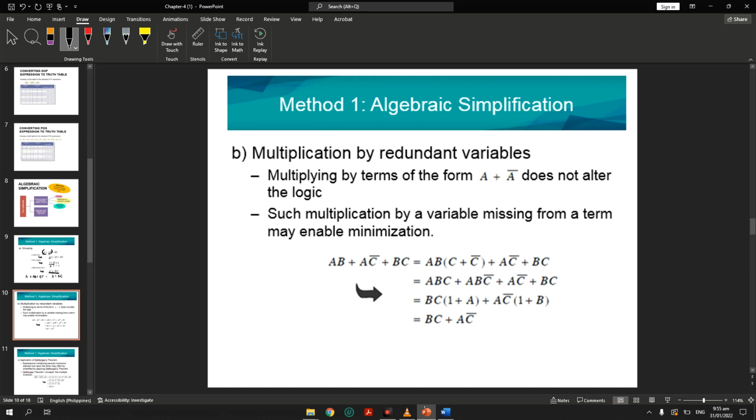Next, the second method of algebraic simplification is by multiplying redundant variables. Multiplying by terms of A plus A bar does not alter the logic. Why? If we multiply the terms with A plus A bar, it does not alter the logic.